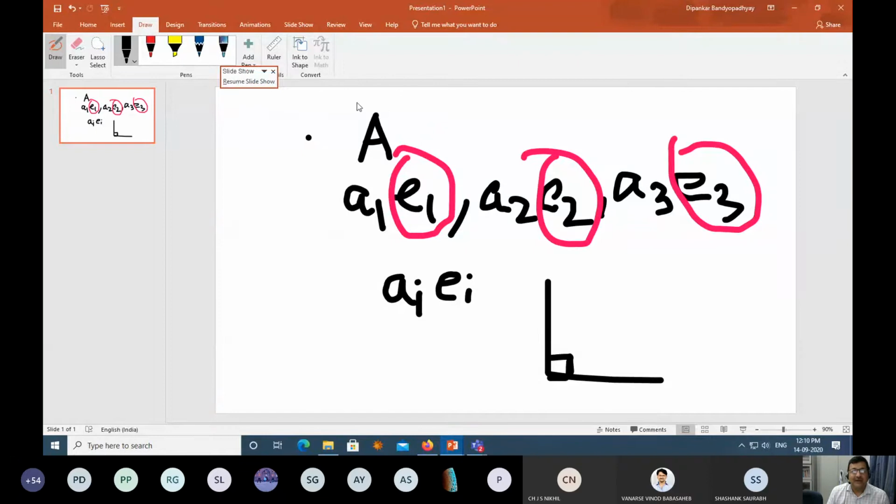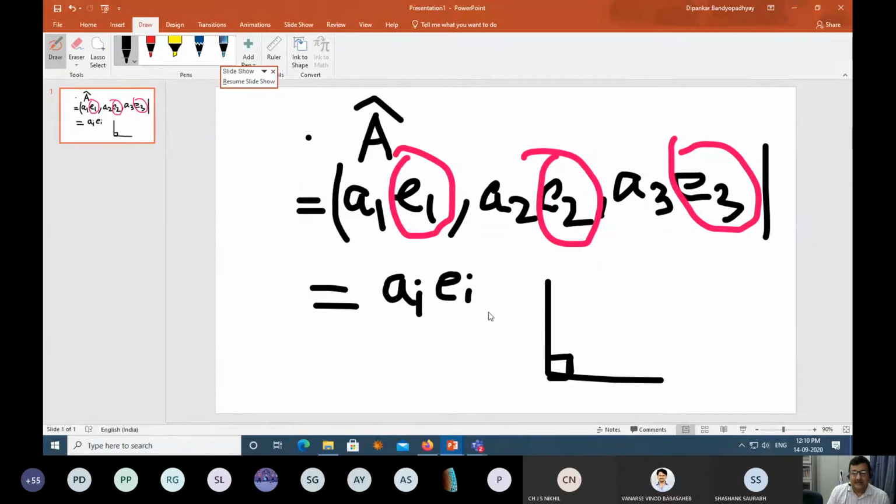So I can define a vector called A, which is equal to A1 E1 plus A2 E2 plus A3 E3, or A1 E1, comma, A2 E2, comma, A3 E3. This is the most generic way of defining the whole thing, which is equal to A_i E_i, and this particular thing is called the indicial notation.